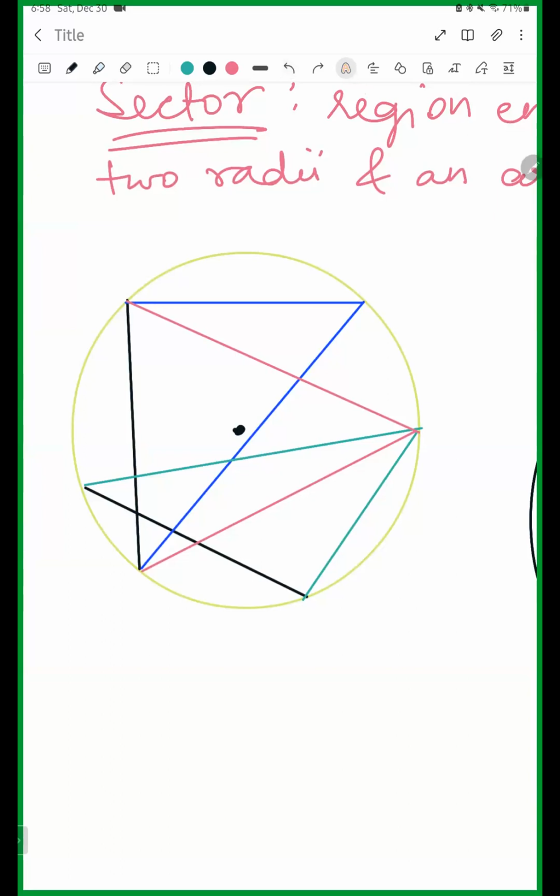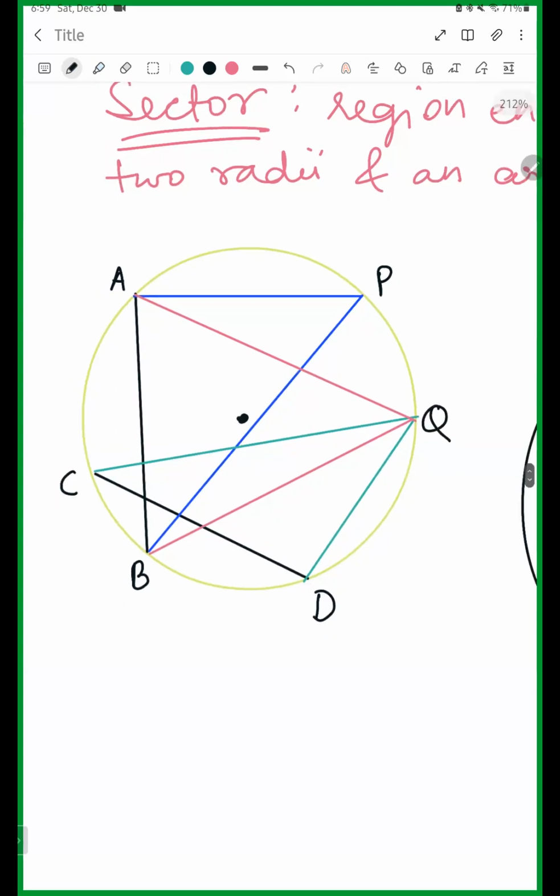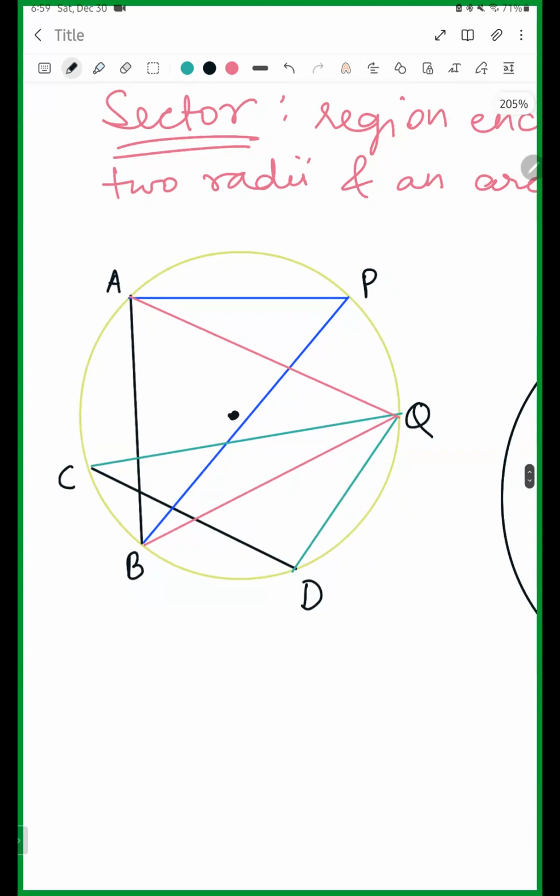I think this much is enough. Okay. So this is a chord AB, the black chord AB, and this is a chord CD, and this is a point P, this is a point Q. I want you to tell me, let me draw a few.